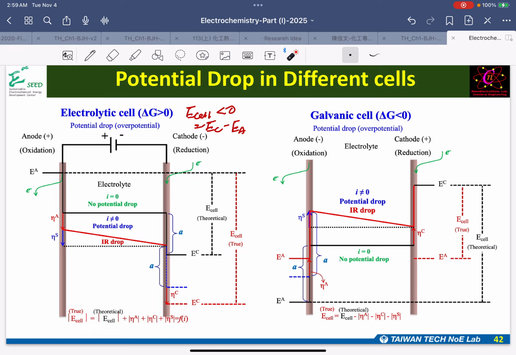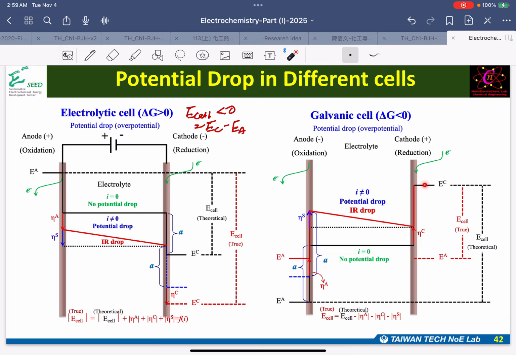So at that time we already drew this diagram. This is the potential drop diagram. Actually, it's the energy loss, the electron energy loss. But we are familiar with the potential drop. But it's better to always interpret from the energy perspective.